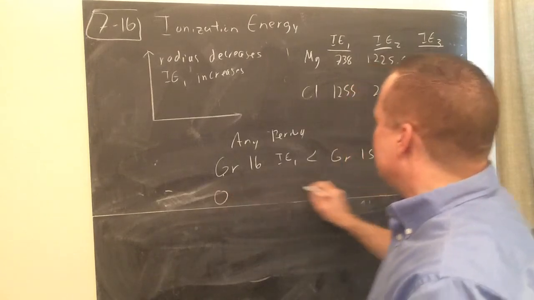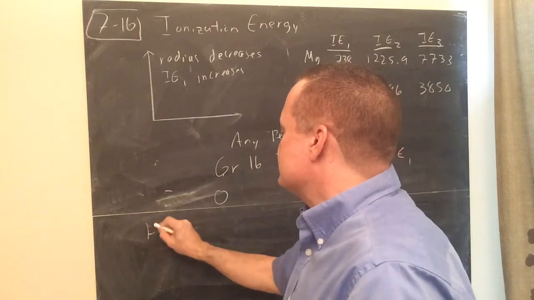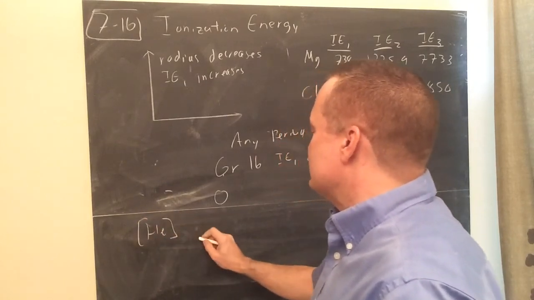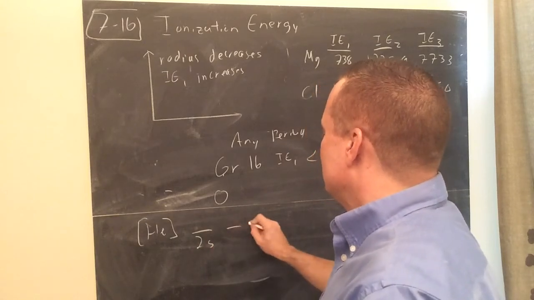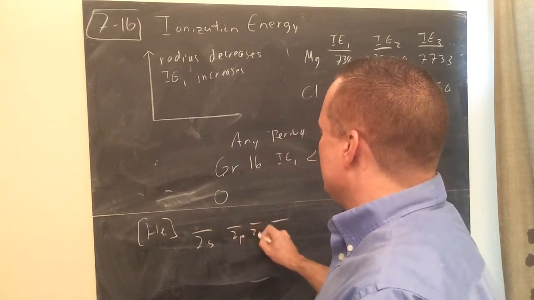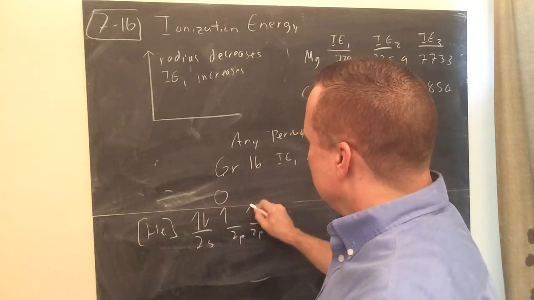So let's do the same thing for oxygen and nitrogen. The electron configuration of oxygen is helium, 2s2, 2p4, so 1, 2, 3, 4.